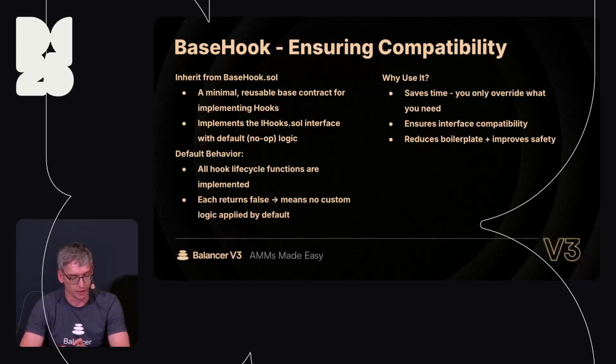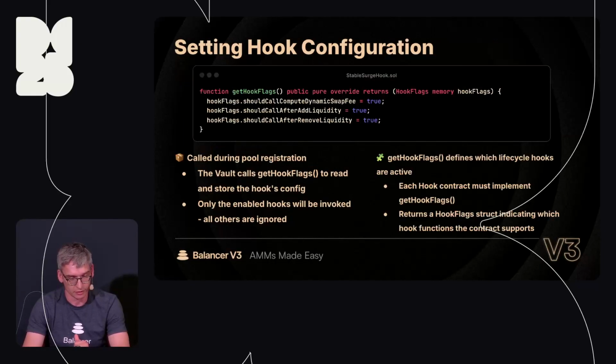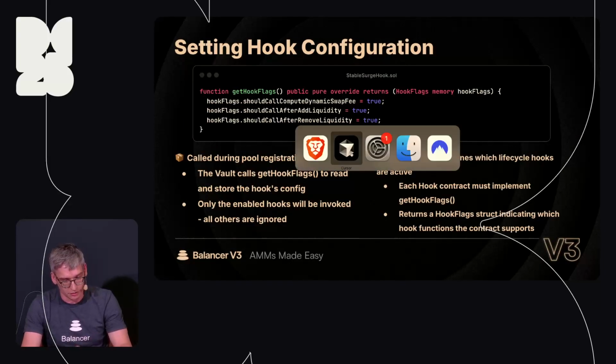That's done by each hook returning false, which means that no logic will be applied for that hook. You should use that for a number of reasons. It saves you time because you only need to override what you want to do. It ensures that your hook is compatible with the interface, and it improves your safety. I'll just quickly show that one.